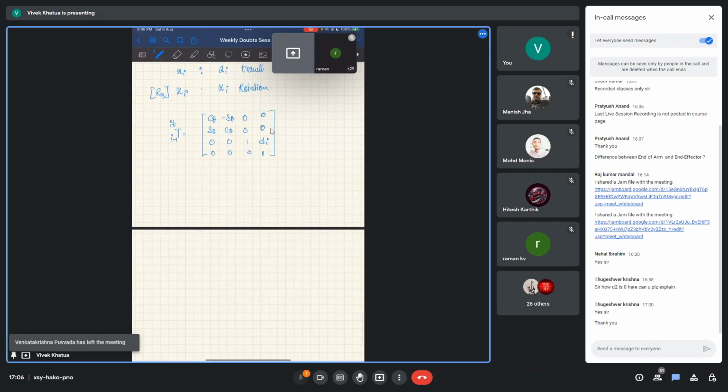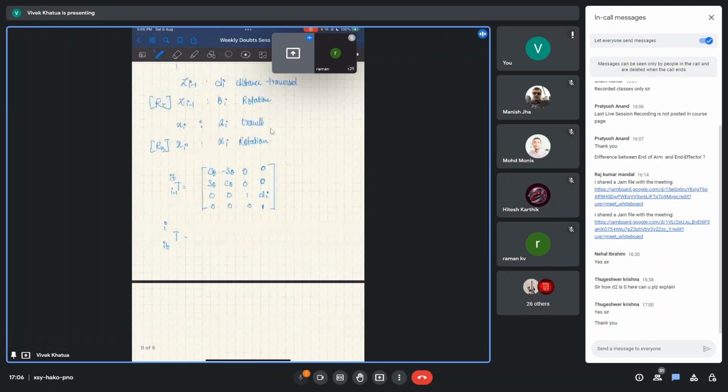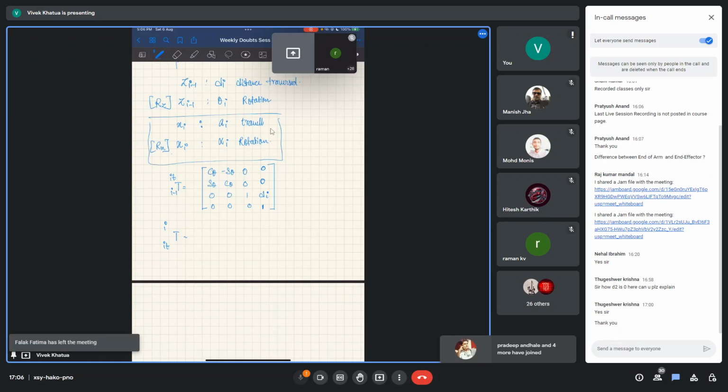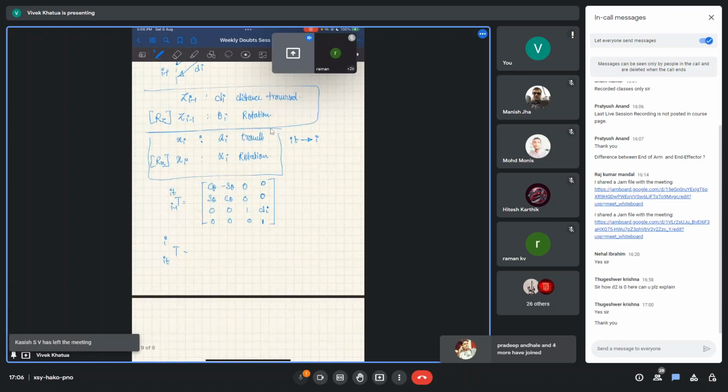So from the intermediate frame, how do we reach i? We have done this set of transformations. This is from i' to i, and this is from i minus 1 to i', that's the intermediate frame.